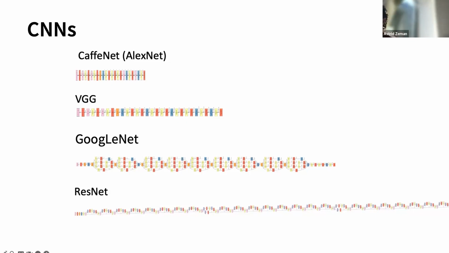Going back to what I was asking: do people take ResNet and then vary the layers, or do they just throw out the last layer?